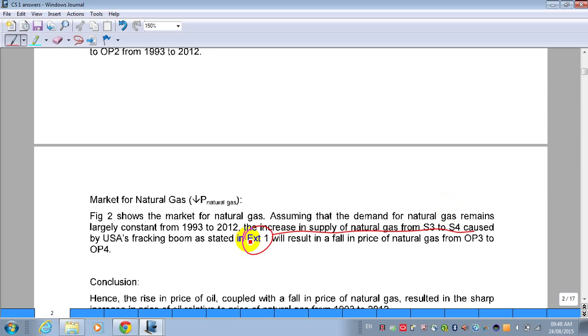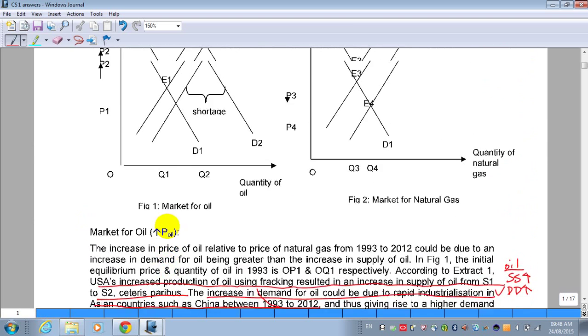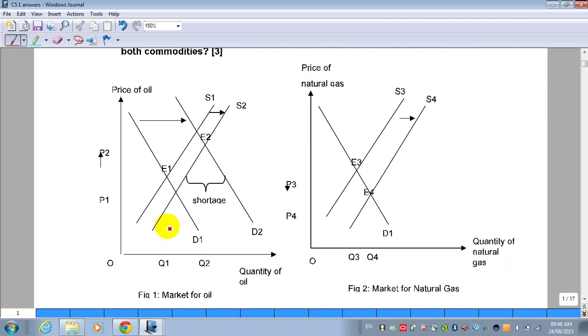In extract 1 it was mentioned that there was an increase in supply of natural gas by the US, and at the same time there's no mention of an increase in demand for natural gas, so we assume that the demand remains largely constant. Okay, and therefore you come up with these two diagrams.